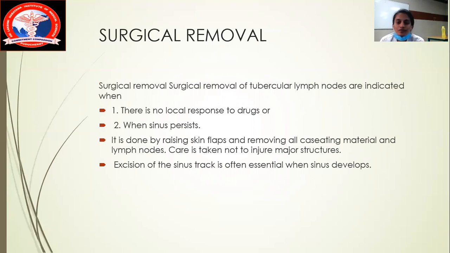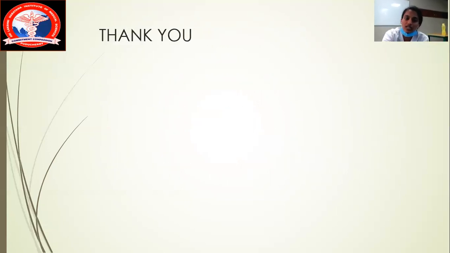We are going to do a rising of skin flap, and then we have to immediately clean the whole area of the caseating material and lymph nodes. Okay, the last point: when there is a sinus discharge, start thinking about excision of the sinus tract, which is often essential when the sinus is developing.